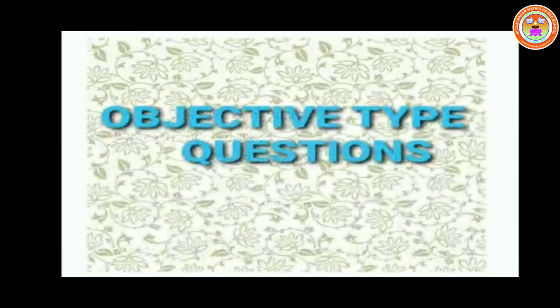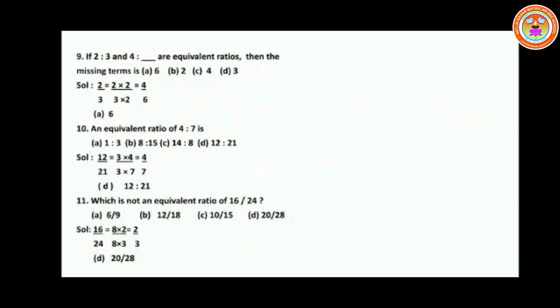Okay, children. Now let us move on to the objective type questions of this exercise. Sum number 9. If 2:3 and 4:dash are equivalent ratios, then the missing term is, we want to find the missing term. 2:3. So 2 divided by 3 is equal to 4 over something. In the numerator, what did you get? 4.